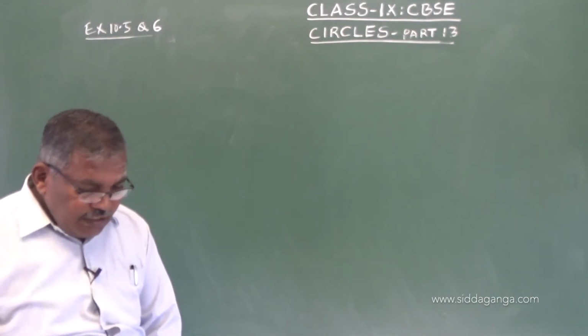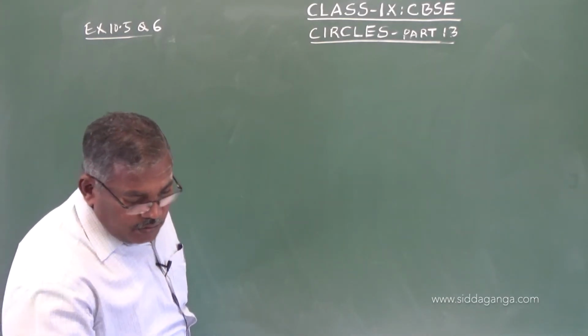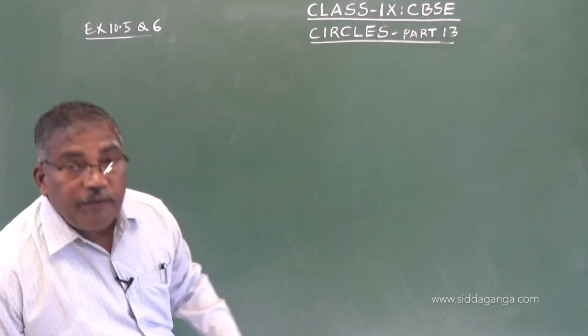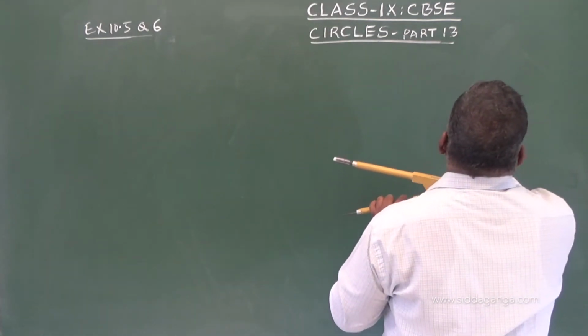So ABCD is a cyclic quadrilateral. The question reads like that. We have a cyclic quadrilateral. First I will draw the figure.